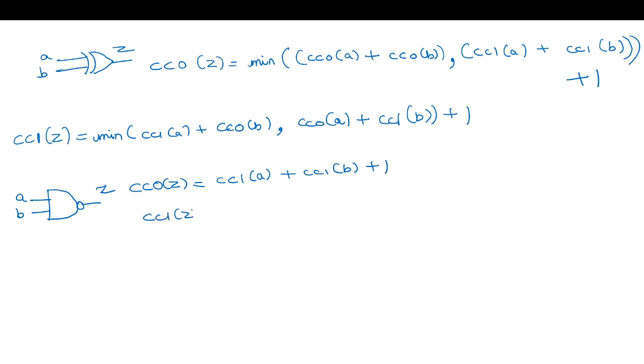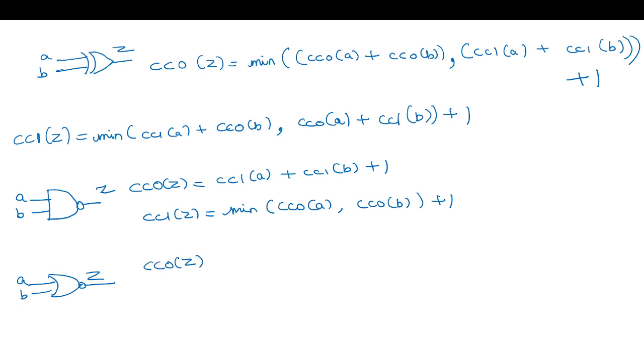And for 1, either of them can be 0. Similarly for the NOR gate, for combinational controllability, should I have to set both the values to 1 or is any one enough?